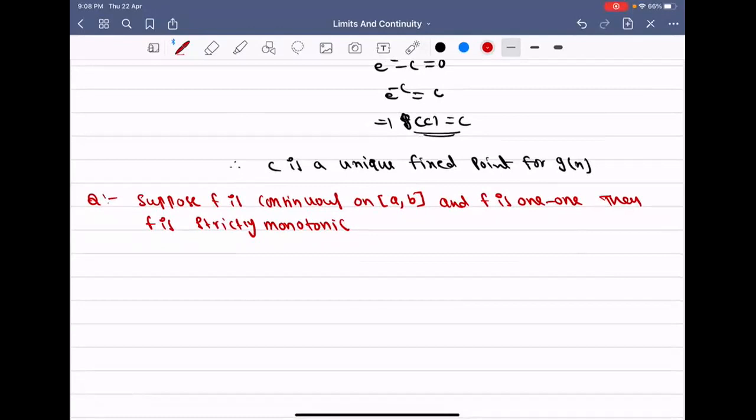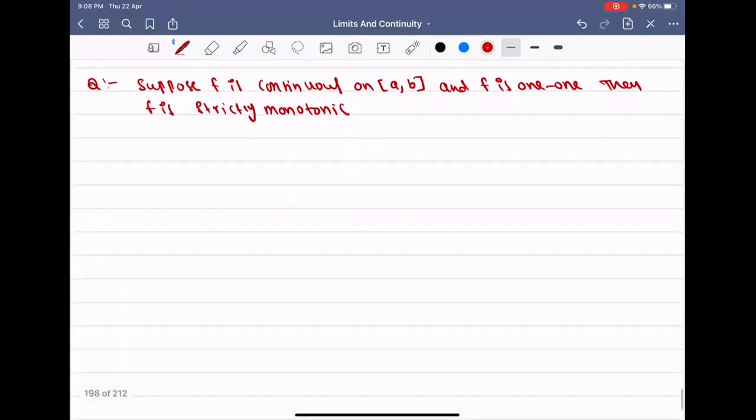To prove this one, we will prove by method of contradiction. So first, what we do is, suppose the result is false. Method of contradiction. Suppose the result is false.